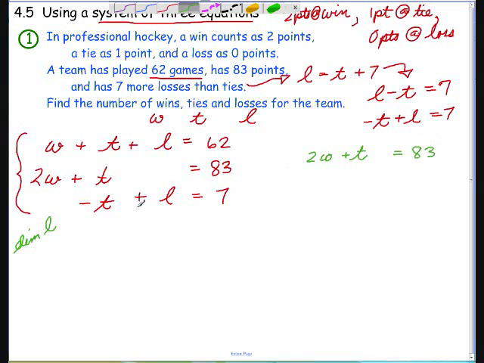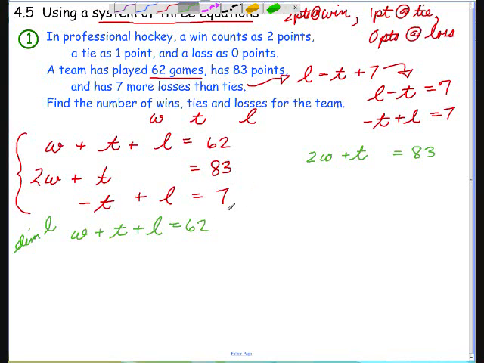That one can come straight over. Now I have to figure out what to do with these. Well, this one I think I'll multiply by a negative 1. And the first one, I'm going to bring it over just like it is. W plus T plus L equals 62.